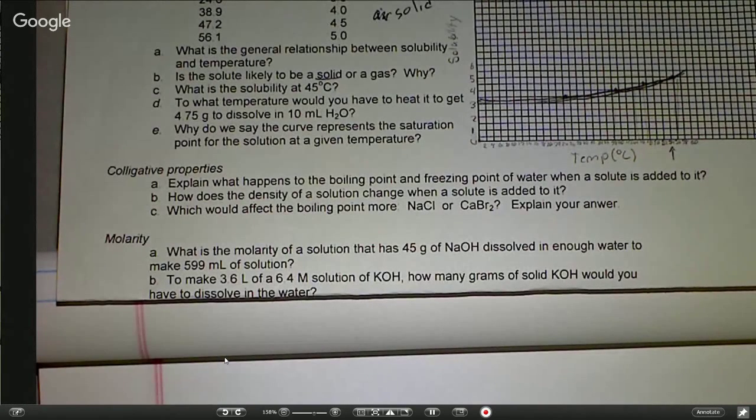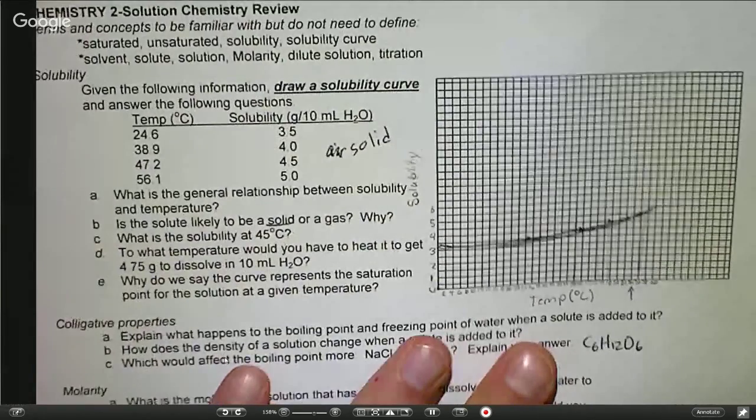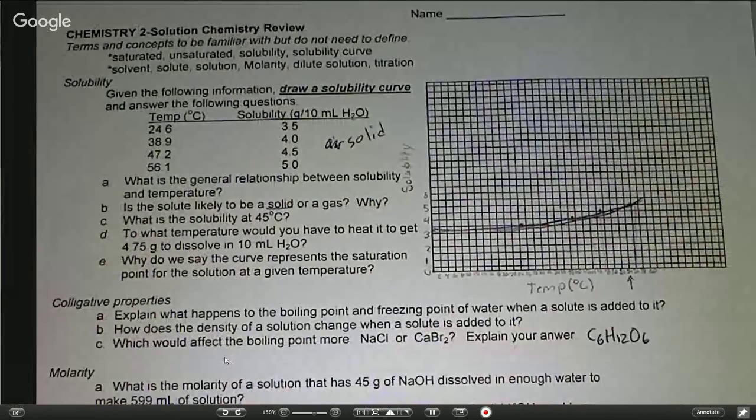Calcium bromide. Yeah. So the more parts that it breaks into, then it's going to have the greater effect, whether it's freezing point or boiling point that we're looking at. Do keep in mind for that one though, if you have something like sugar, let's say glucose, C6H12O6, there's a lot more atoms there, but it's a covalent compound, so it's not going to break down into individual atoms.